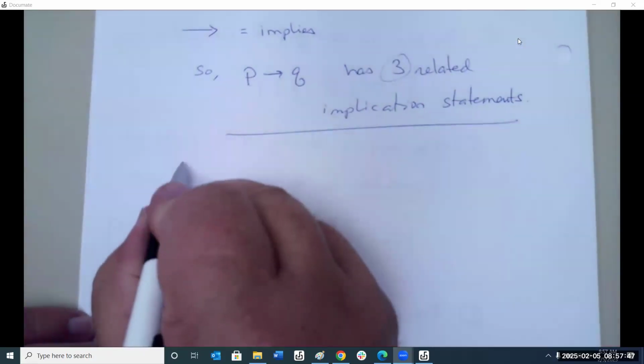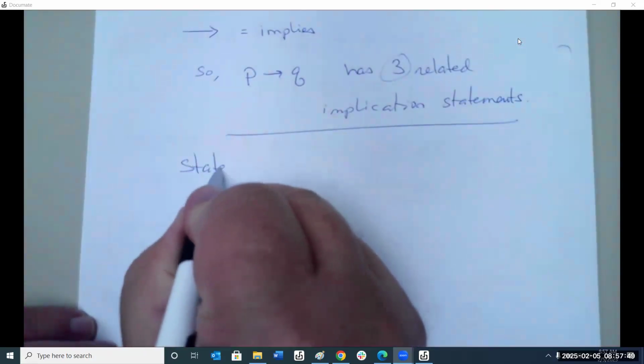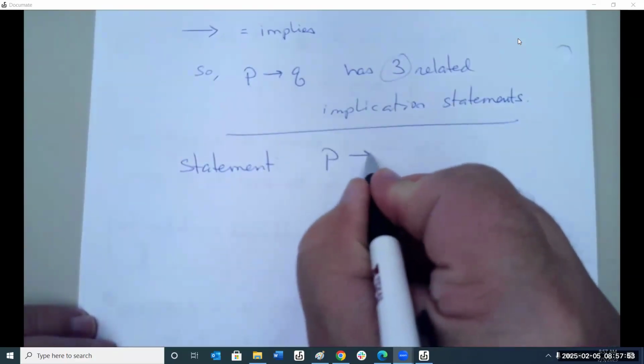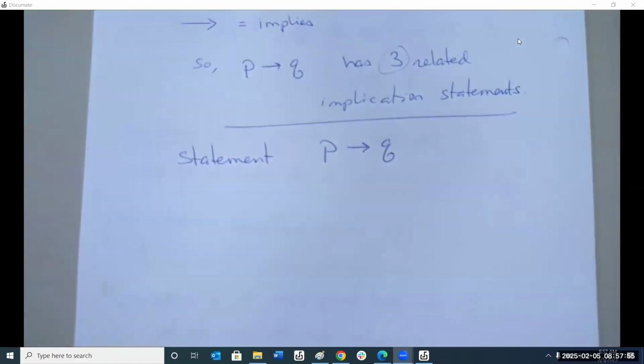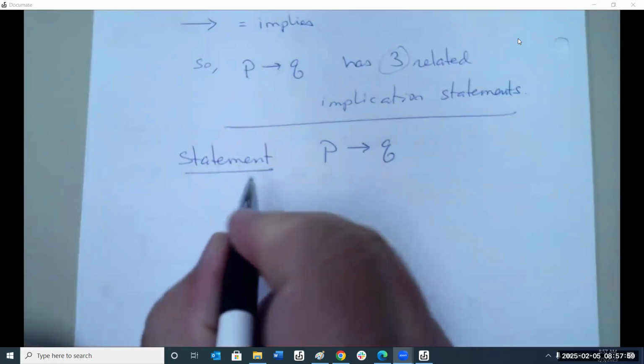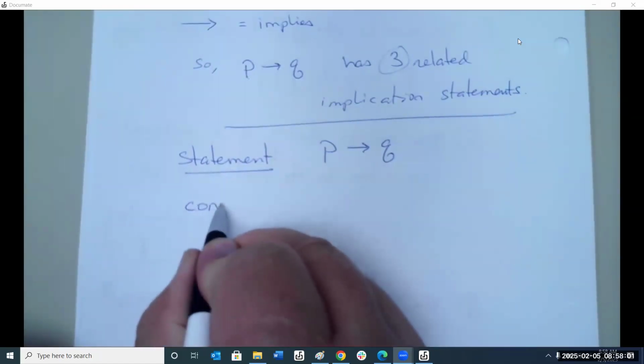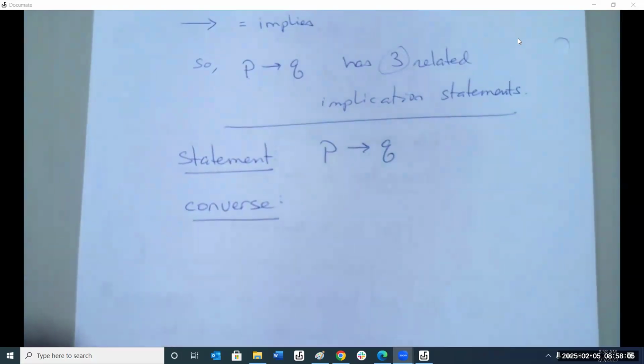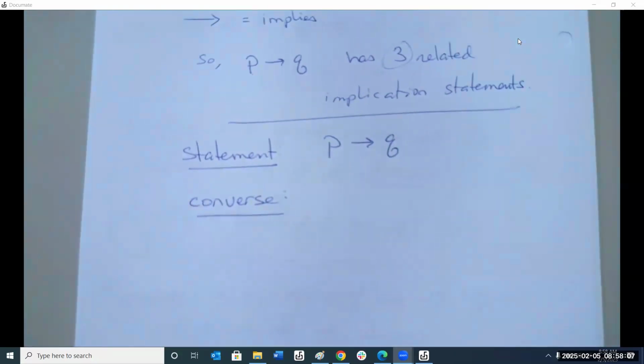If you have that, now we have three other statements that we can go along with it. So here's our statement. P implies Q. There's our statement. We can look at the converse of it. Now, I don't mean the sneakers.